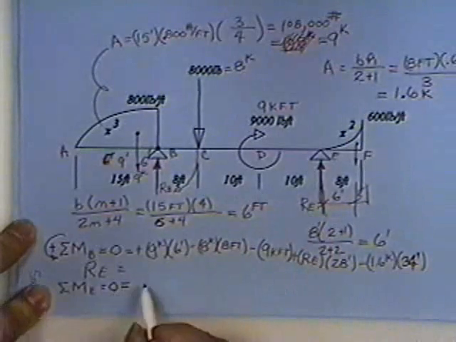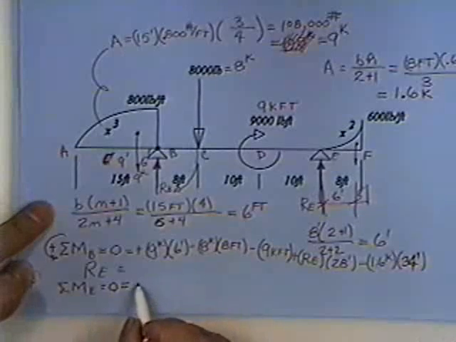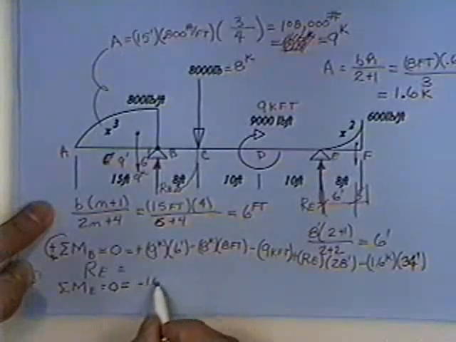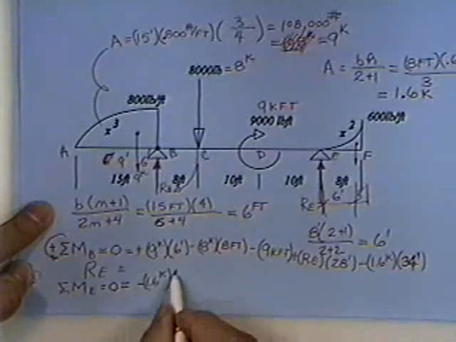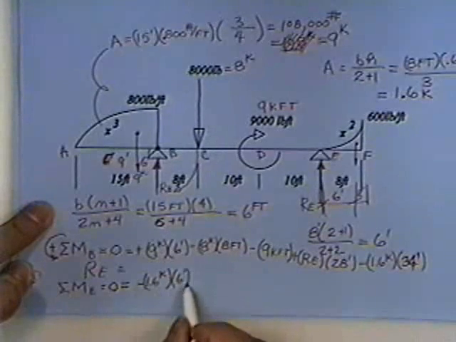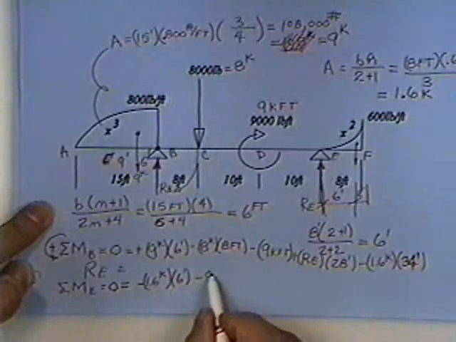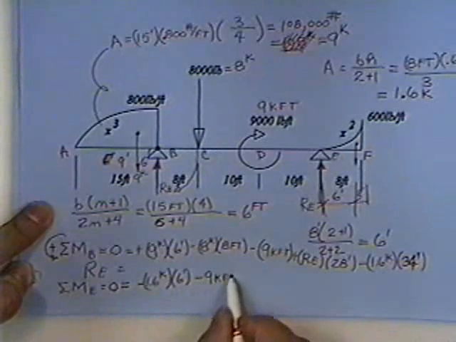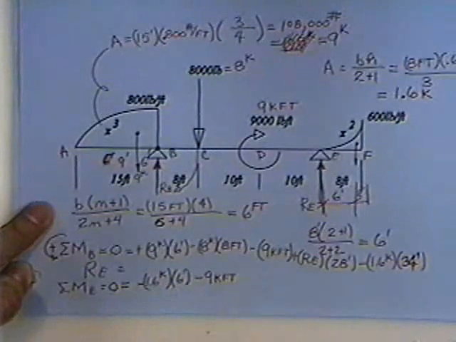So, sum moments about E is equal to 0 is equal to minus 1.6 kips times 6 feet, minus 9 kip feet. He doesn't have a moment arm.